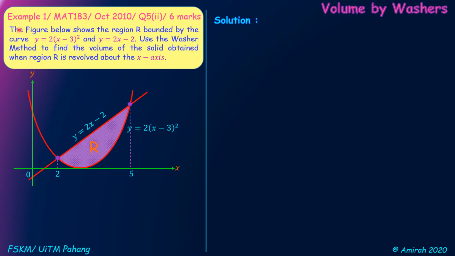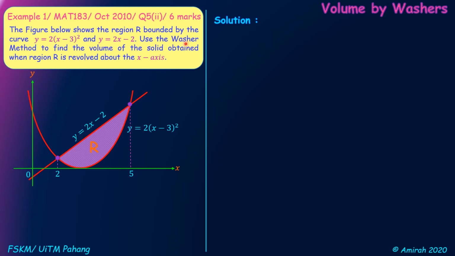Now we look at example 1 from the previous semester papers. The figure below shows the region R bounded by the curve y equals 2 times (x minus 3) squared here, and y equals 2x minus 2 here.